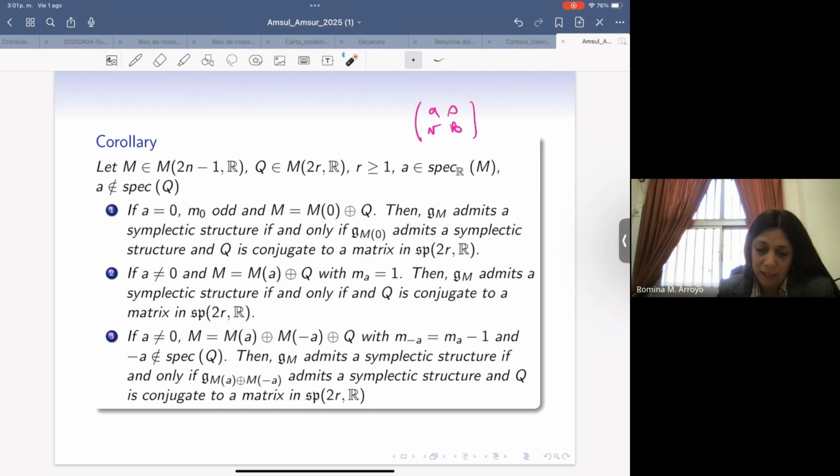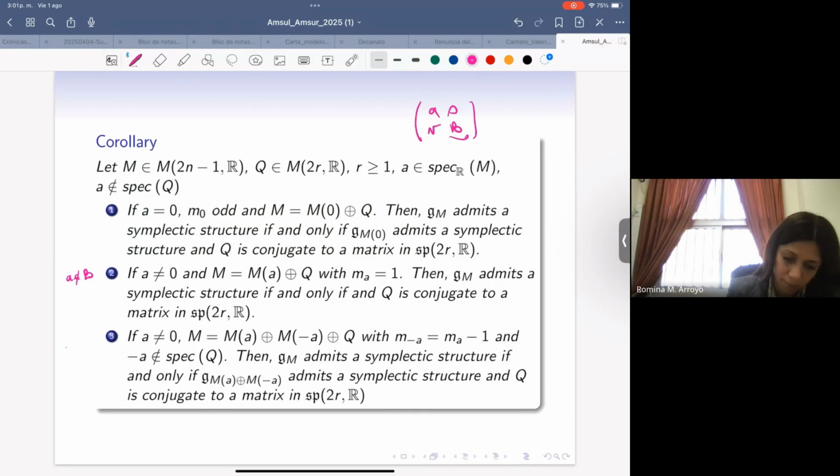This is basically the case in which A is not an eigenvalue of B. And this is the case in which A belongs to the spectrum of B, so then minus A has to be in the spectrum of B too.